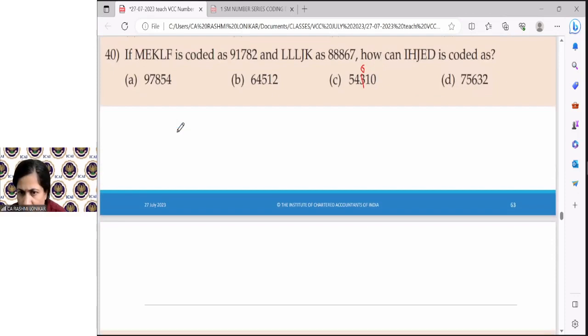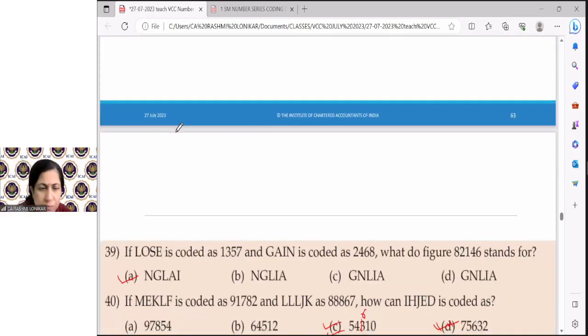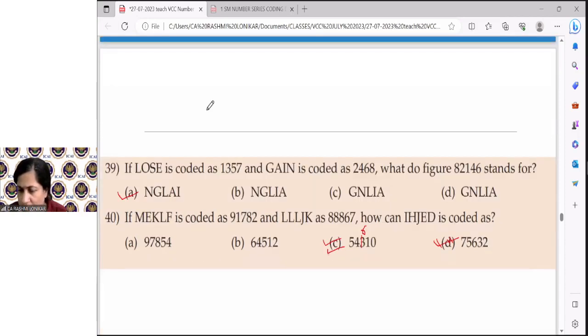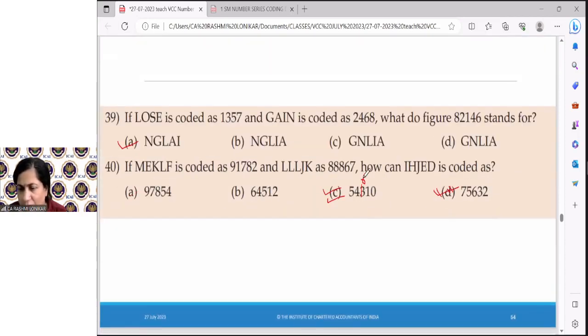One more type I think I wanted to show you. Let me check. Okay, in question number 40, this is 54610, not 310. So it is 610.